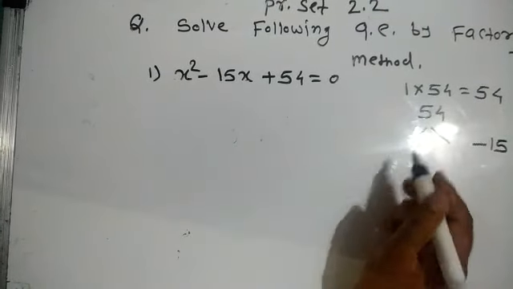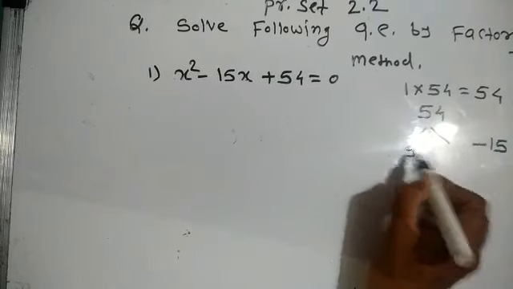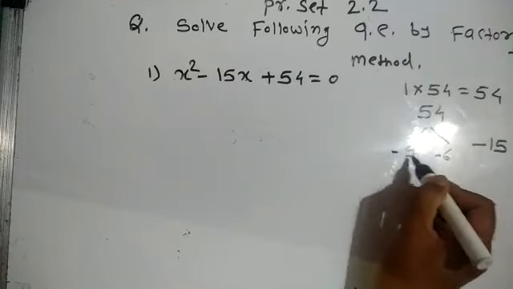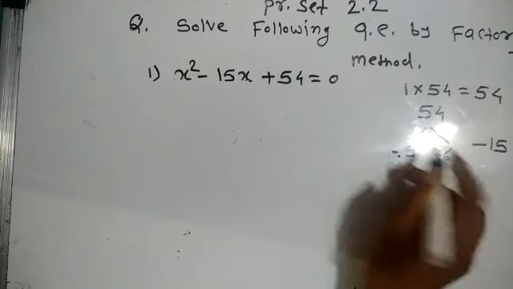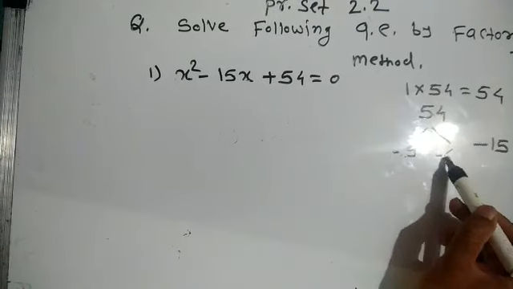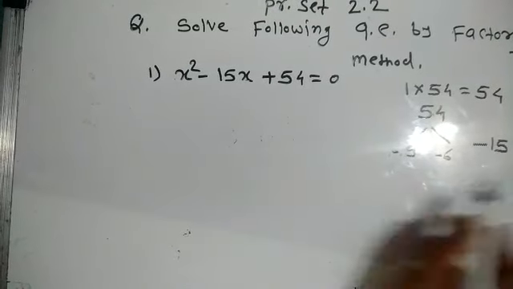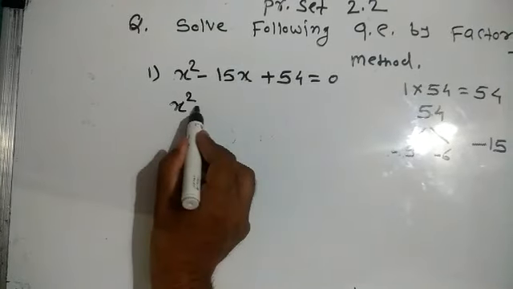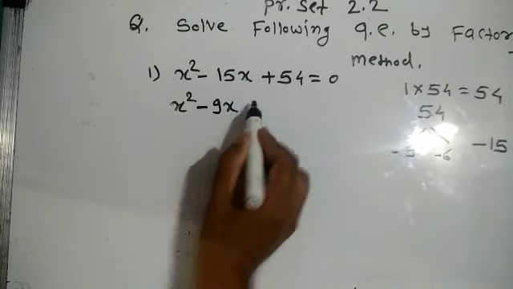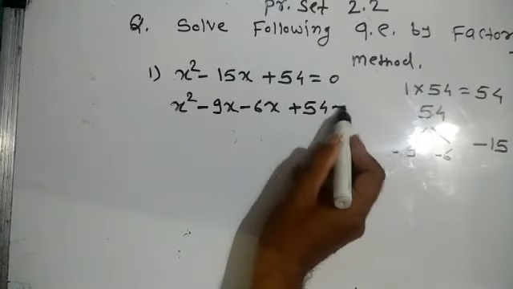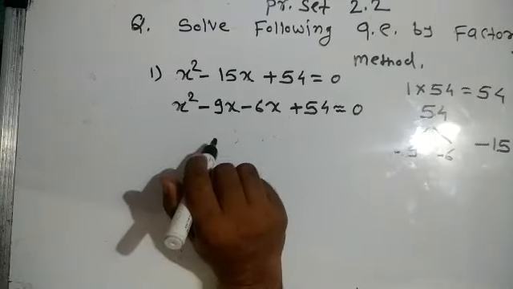Therefore, minus 9 and minus 6: their product is 54 and their sum is minus 15. So we split the middle term: x square minus 9x minus 6x plus 54 is equal to 0.